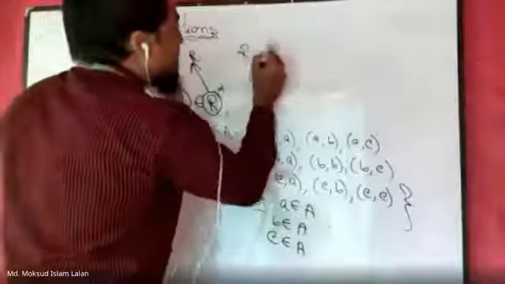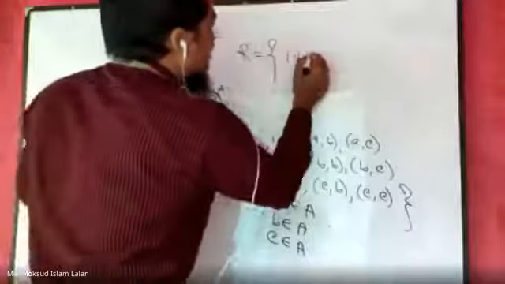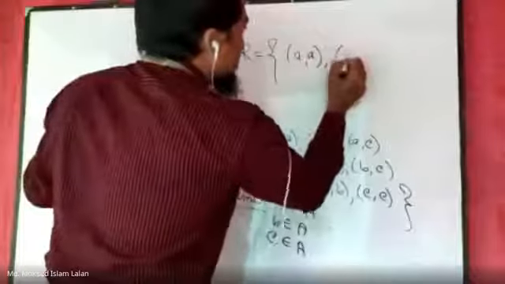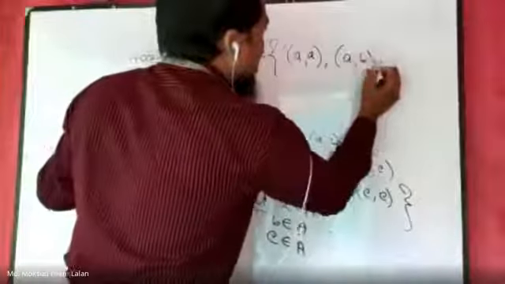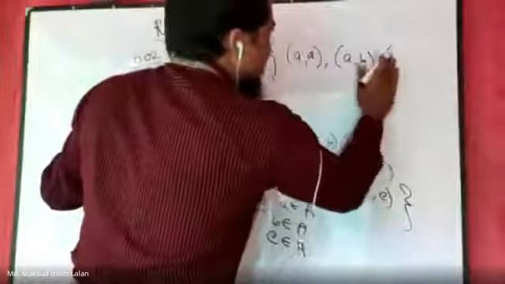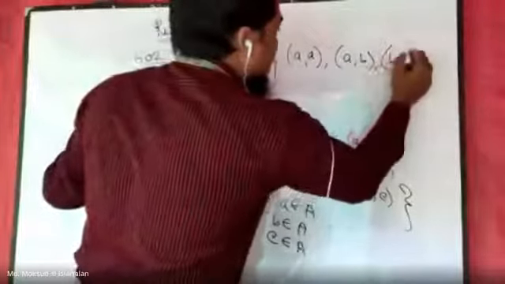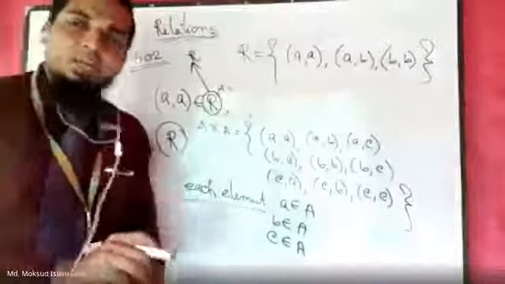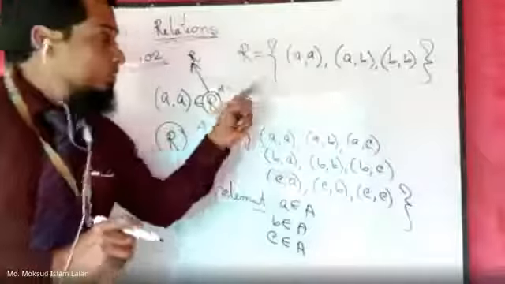Can I write R equals (a, a), (b, b)? Can I consider? We can consider, right? Now we can determine whether it is reflexive or not.